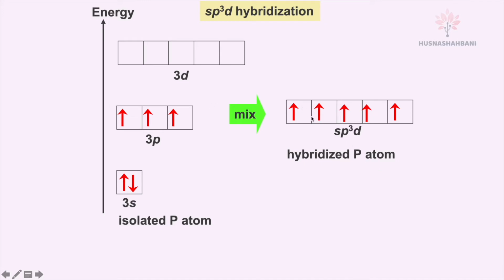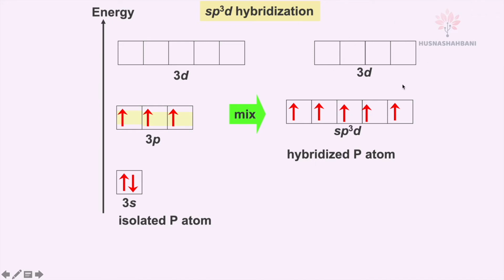If you look properly, the energy level of sp³d is slightly above 3p because it's mixing sp and d. So the sp³d energy level is slightly above 3p but below 3d. Not in the middle, not in between, just slightly above the 3p energy level.